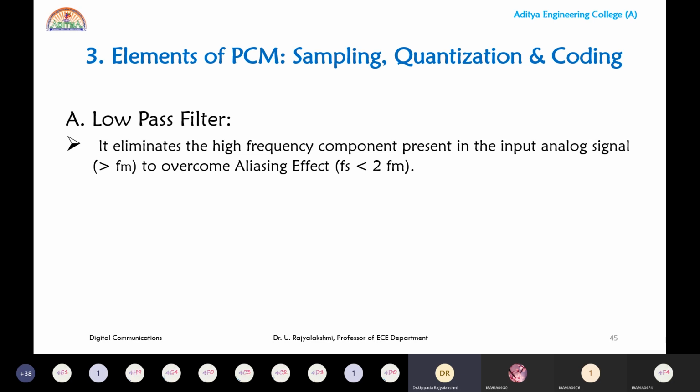The aliasing problem occurs whenever the sampling frequency is less than 2 FM, where FM is the maximum frequency component of the input signal. So what is the aliasing problem? Aliasing is the overlapping of lower frequency components with the higher frequency components.